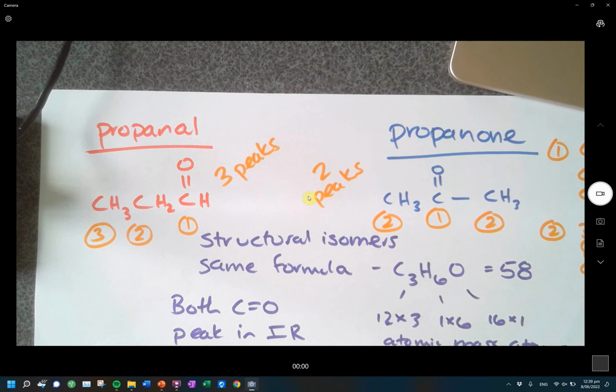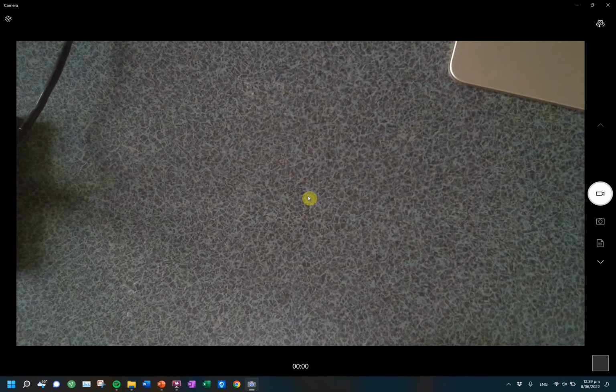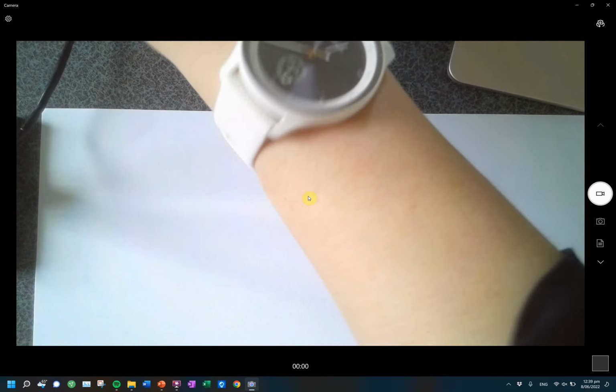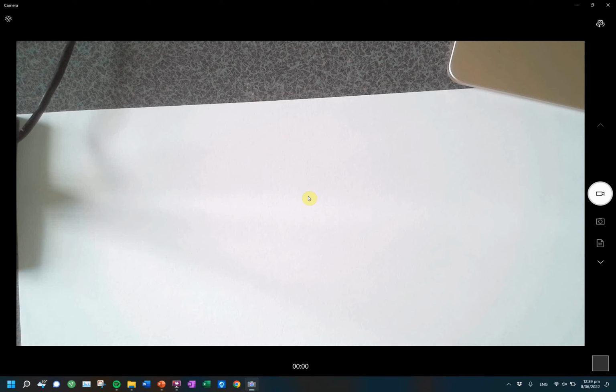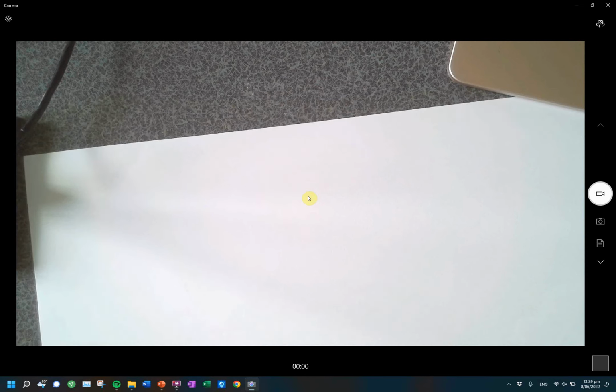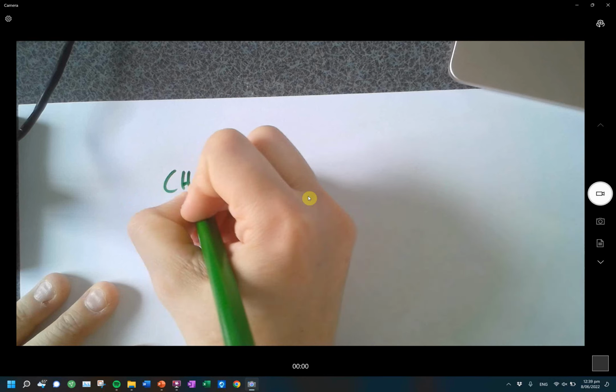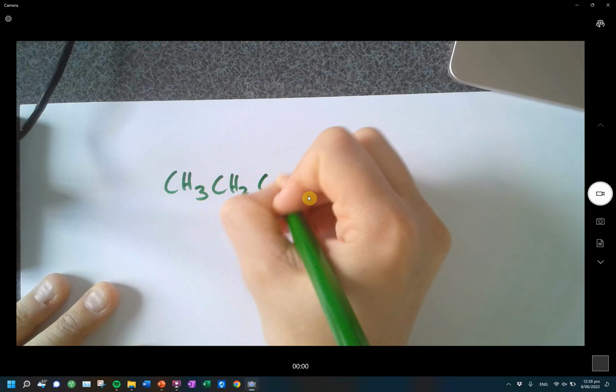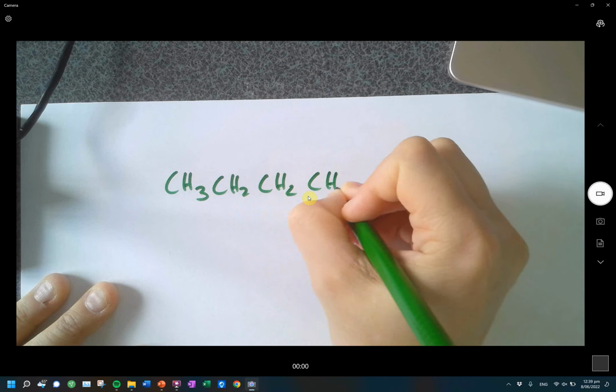Okay. Let me grab another piece of paper. I'm happy to do a couple just so you guys can kind of see it. But counting these carbon environments is basically what you need to do when you're thinking about your various isomers. So, let me do CH3, CH2, CH2, CH3.